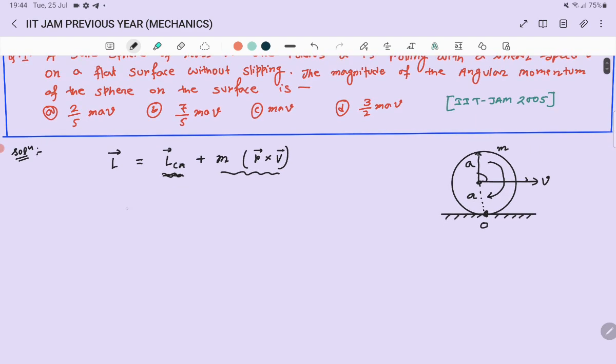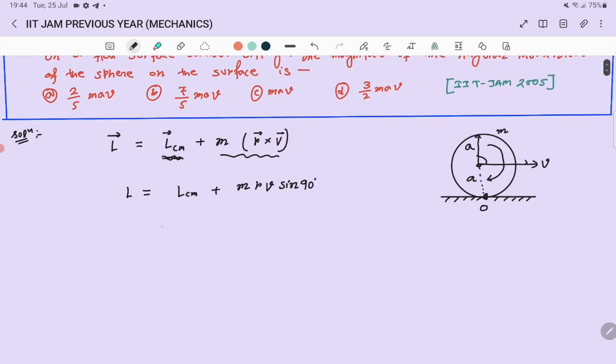So the magnitude will be L equals L center of mass plus m r v sin 90, because the angle between r and v is 90 and r is nothing but a. So L is I omega plus m a v, where I is the moment of inertia.